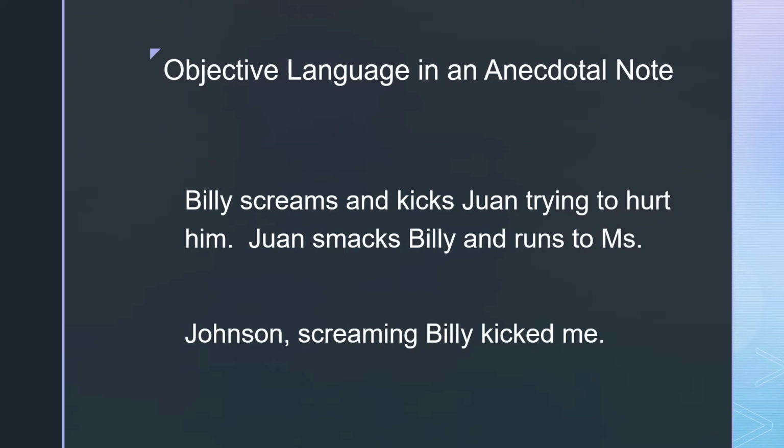Billy screams and kicks Juan, trying to hurt him. Sometimes students ask me about the term screams. Screams is absolutely measurable. We can, as teachers, as observers, as educators, the difference between talking and screaming is very observable.